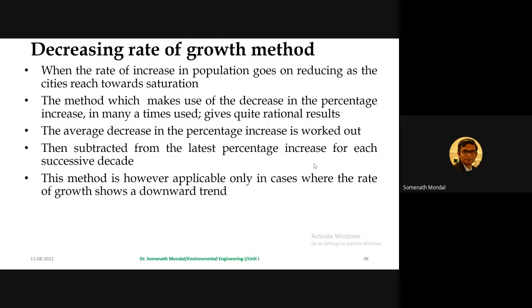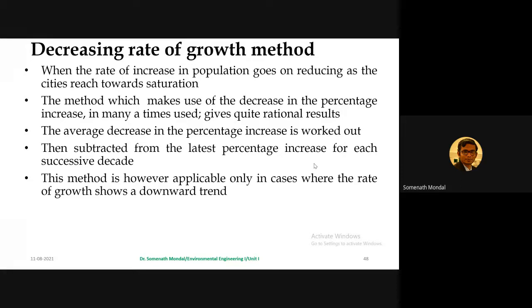And the same thing we discussed. So the rate of increment reduces, and a method which makes use of this decrease in the percentage increase is many a time used and gives quite rational results, and that is what we are doing here in this particular decreasing rate of growth method. Now, the average decrease in the percentage increase is worked out in this case, and then subtracted from the latest percentage increase for each successive decade.